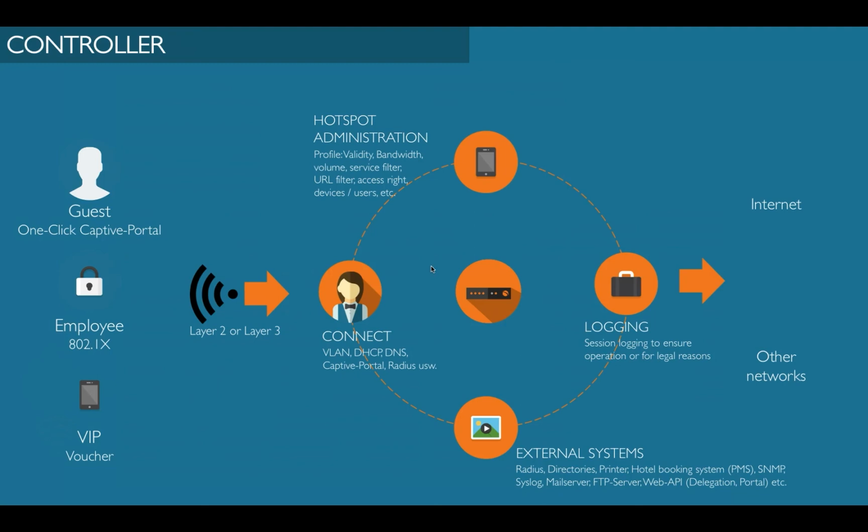We also have legal logging, for example, which we can enable or disable here, and we have the possibility to interact with different types of existing systems. We can check with external directories, like Active Directory, for example. We can interact with hotel booking systems, called property management systems, PMS.